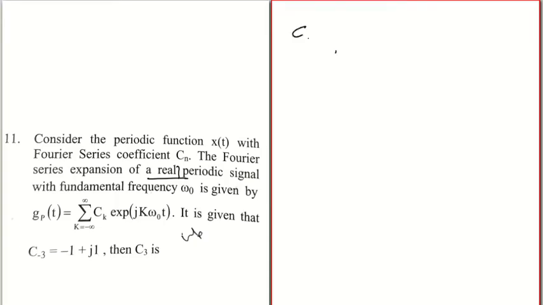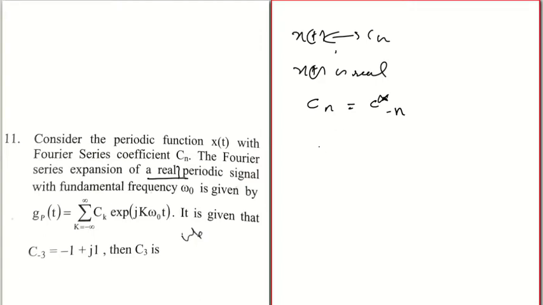If x of t has the Fourier series coefficient Cn, and if x of t is real, then I can write c of n is actually c star of minus n, c conjugate of minus n.